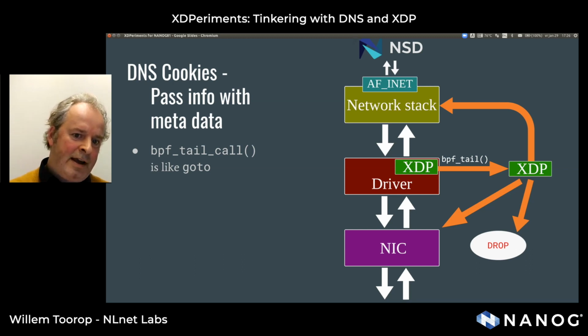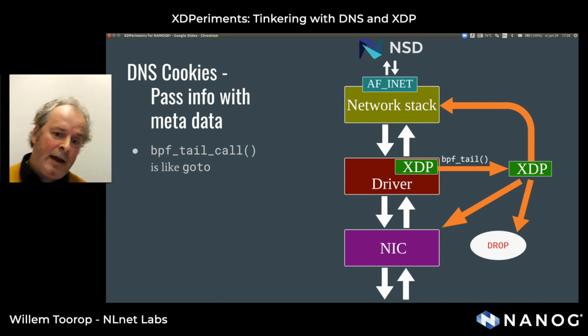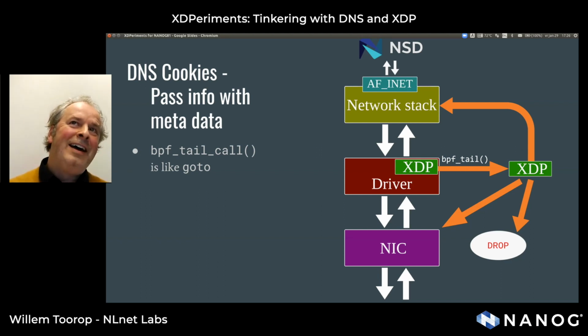So you can create an XDP cookie verification program. We are actually about to post our third blog post telling you how to do this. And then on successful cookie verification, pass the packet to the already existing response rate limiting XDP module.